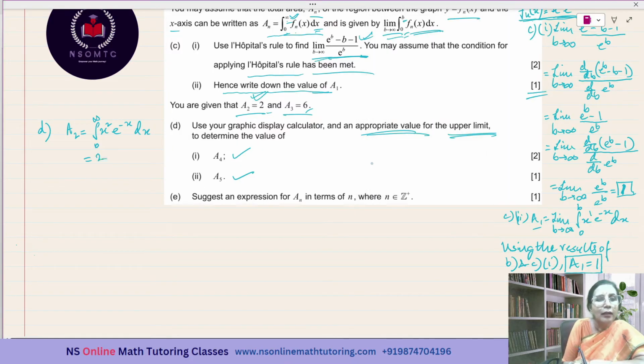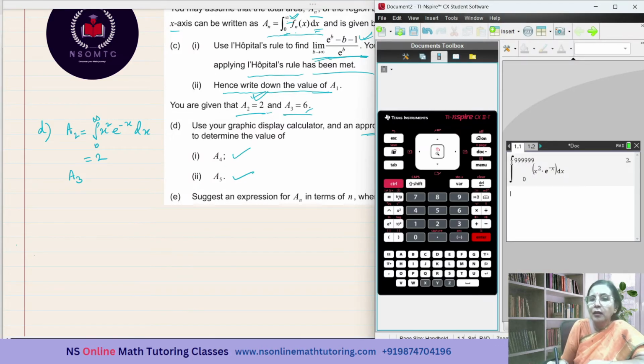Let us check the A3 also. So let me just copy paste. Copy and over here paste, Control V. And now the limits are staying the same. I have to just change the power of x. Okay, it is not allowing me.